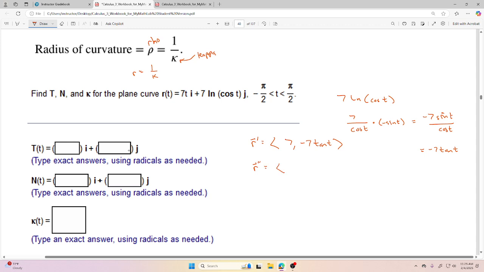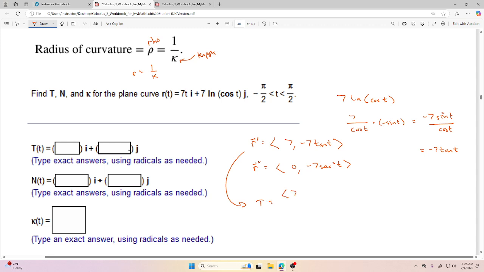What do we get? Derivative of tangent is secant squared. Yep. You got it. I don't know if we're going to use that or not, but we definitely will have it available to us. So now let's find the T.